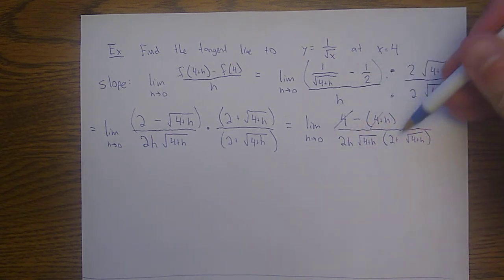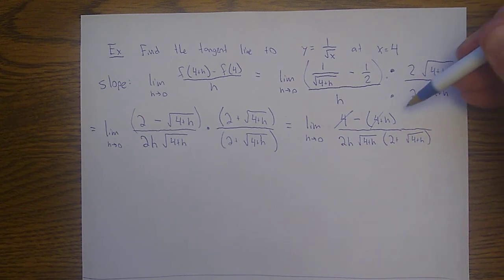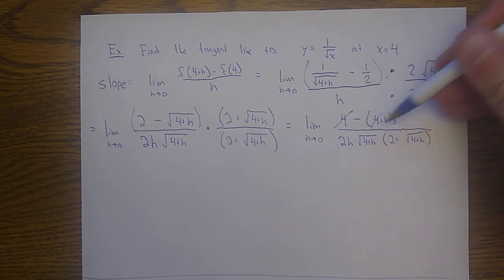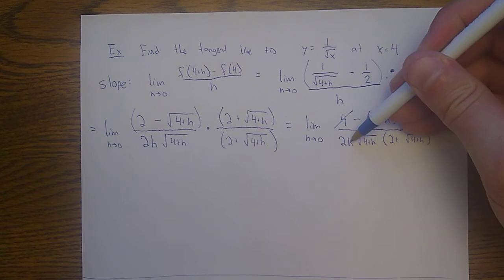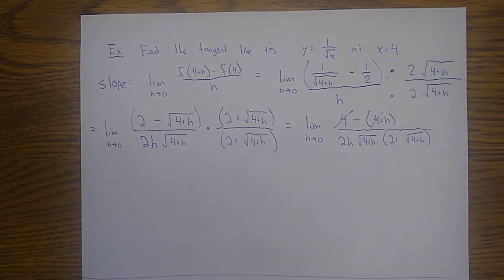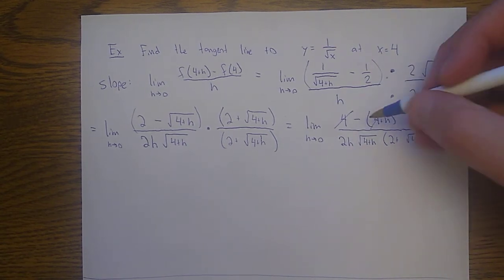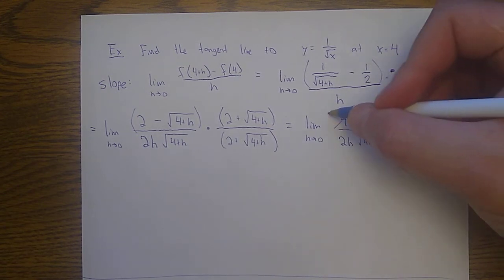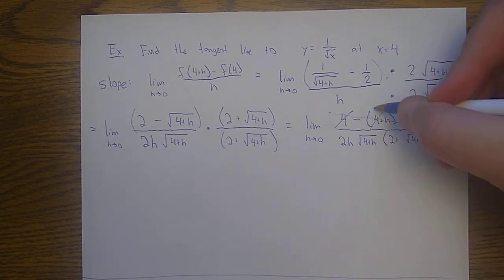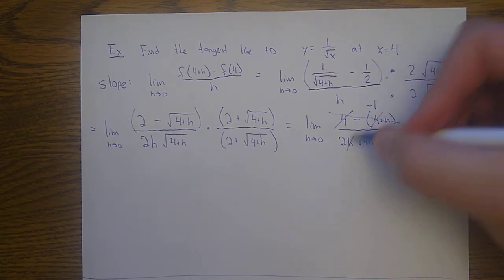So at this point I have a minus h on top, and if you'll bear with me, because I don't want to write the whole thing again, I'm going to keep on canceling. Now that the only thing on top is this minus h, I can cancel this h on the bottom, which is great. That's my main goal of doing all this algebra, is just to cancel this h in the bottom. So if what I have on top is a minus h and I cancel it with this h, what would be left over is a minus 1.